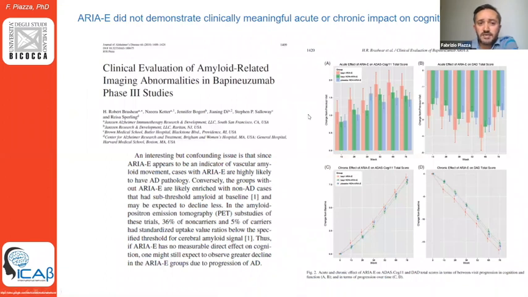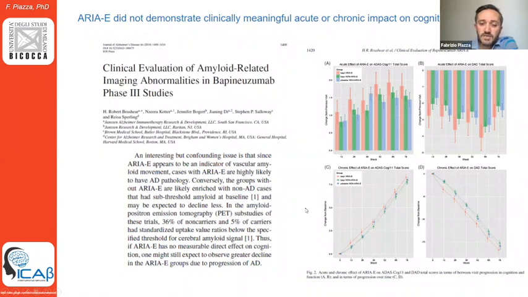Concerning the impact of this side effect on cognition or function, the data are very, very scanty. There is only this report, again a retrospective analysis in bapineuzumab, and it seems that there are no clear differences between the patients who developed ARIA-E events compared to patients who did not.